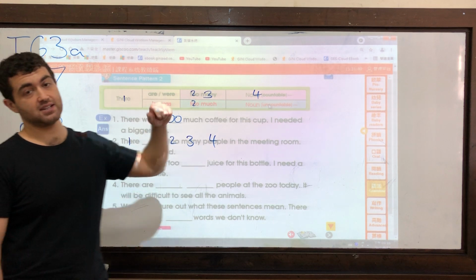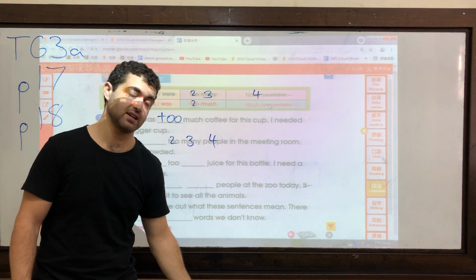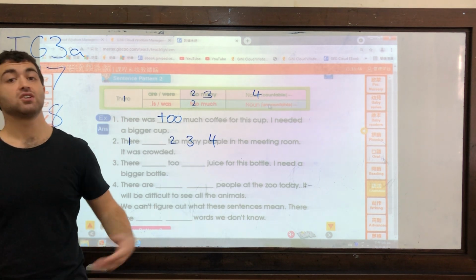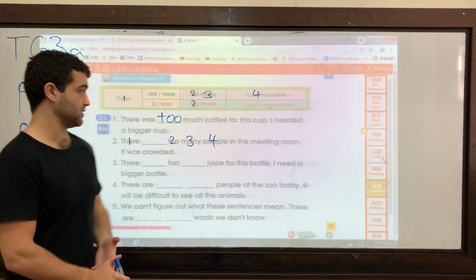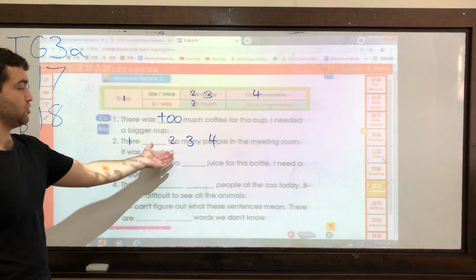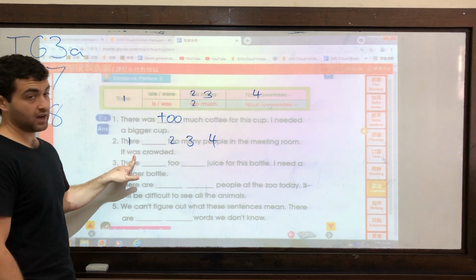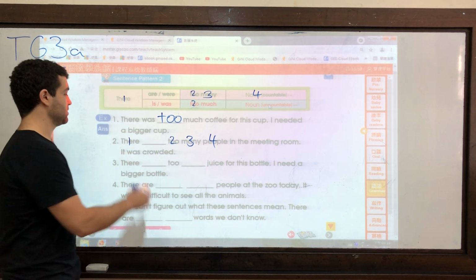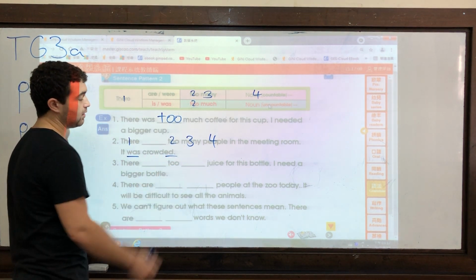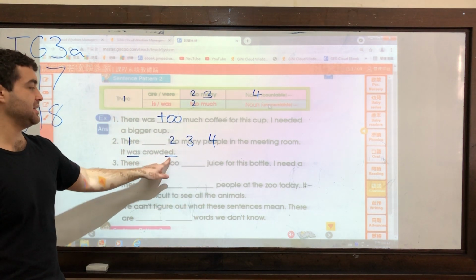So, which one is it going to be? Are is for something that is happening right now. And were is for something that is happening before. So let's read the rest of the sentence. There are or were too many people in the meeting room. It was crowded. So was and crowded tell you that this is happening before.